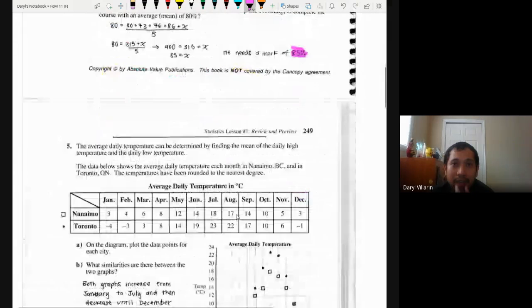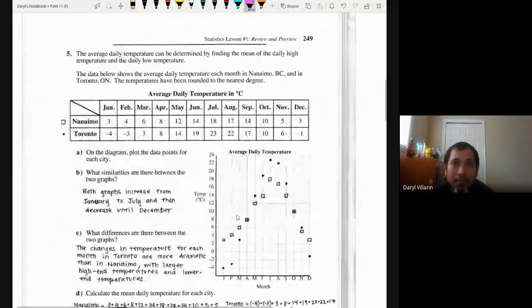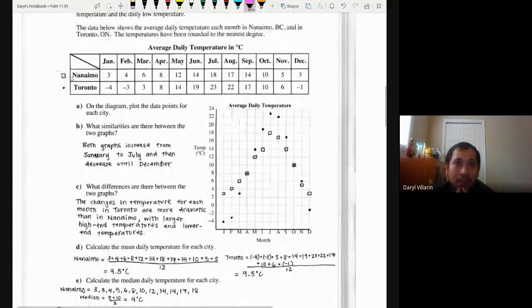And for number 5, you're given the table. What is shown here is that I used a square for Nanaimo and a solid dot for Toronto. And then letter A is basically this plot here. You just have to plot them. Not necessarily do you need to connect all of them, because the instruction is just plotting.